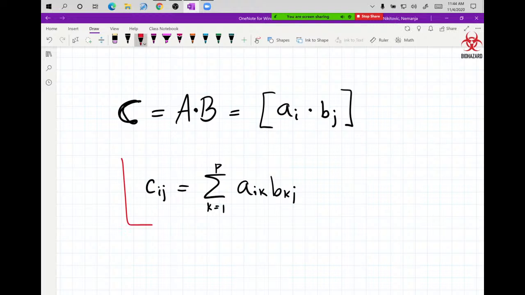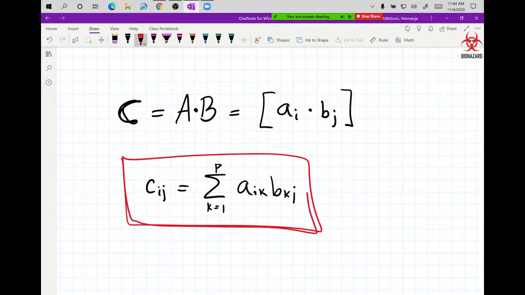Now, this is the formula that I want to box because, again, as a computer science person, this is what you will be programming into your software, right? This is the one that multiplies the entries.